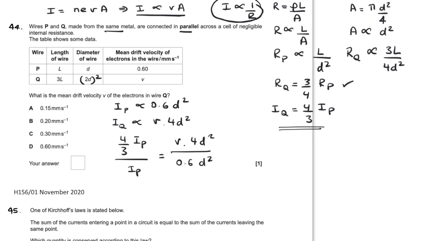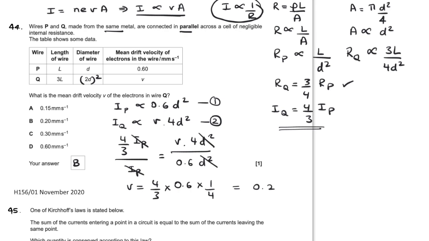I'm putting these two equations together by dividing the second equation by the first. So the I_P's cancel out, the d squares cancel out, and therefore v is simply 4/3 times 0.6 times a quarter. In other words, it's 0.2 millimeters per second. So B is the answer.